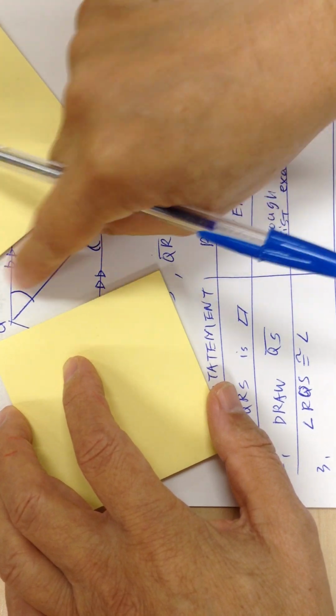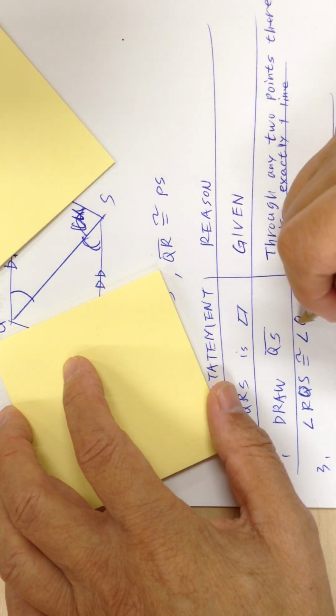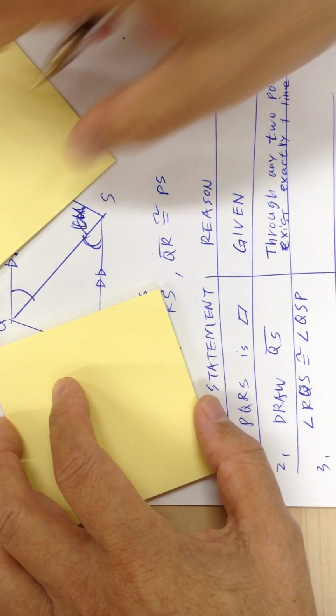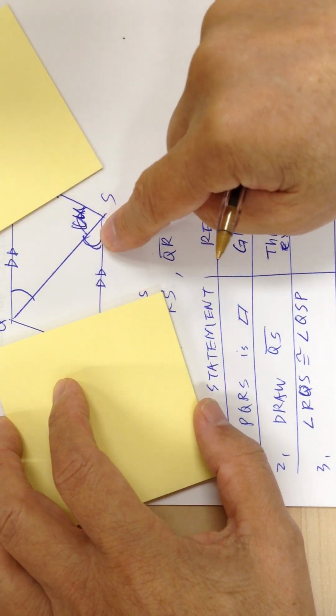These are alternate angles, so these two are congruent.